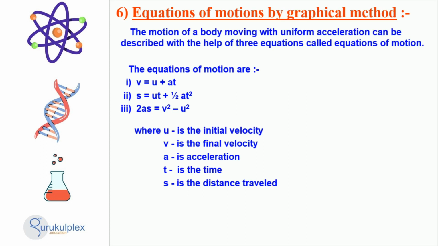The second equation is s equals ut plus 1/2 at squared, showing that the displacement is equal to the initial velocity multiplied by the time plus half the acceleration multiplied by the square of the time taken. The third equation is 2as equals v squared minus u squared, meaning that twice the acceleration multiplied by the displacement is equal to the final velocity squared minus the initial velocity squared. These equations of motion allow us to better understand the behavior of a body in motion.